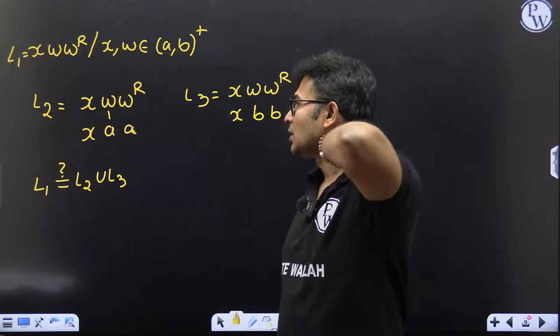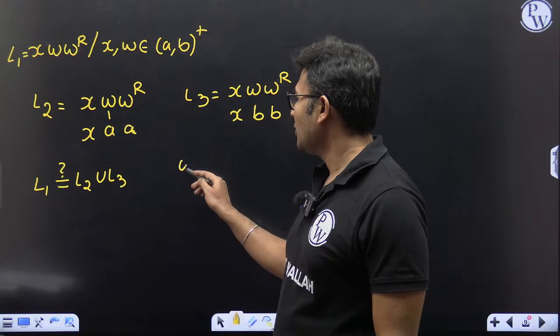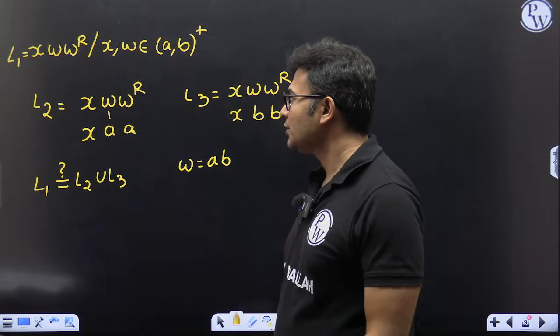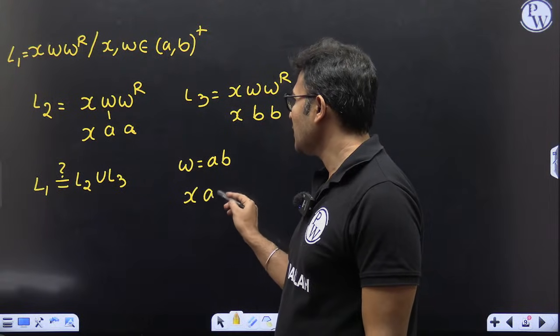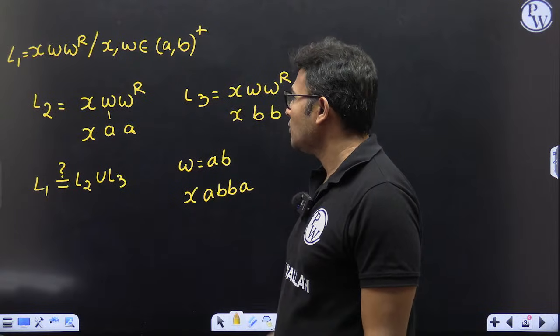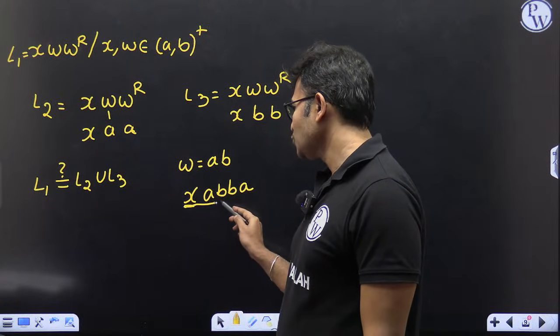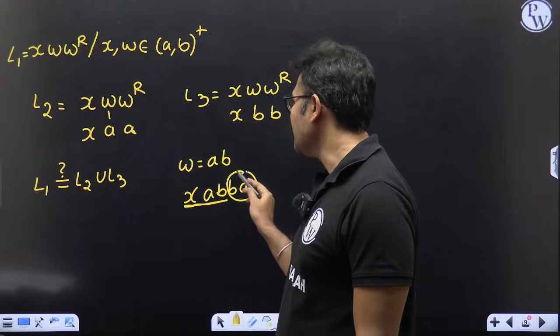Okay. So how can we solve it? Let us say W equals AB. Now let us see what is the string that we are getting. We are getting XABBA, right? Now since X is A plus B plus, if you expand X to eat up this, you are ending with BA.